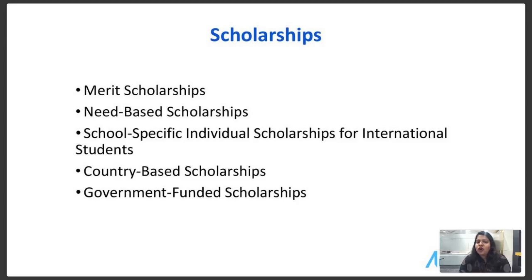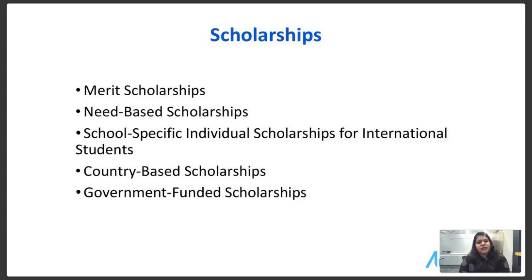This merit-based scholarship is an overall scholarship based on your overall profile, starting from your bachelor's, then your scores, your GRE, GMAT scores, your IELTS, TOEFL scores, your projects, your internships, your work experience, the kind of course that you are applying for. So these are the most popular and most available kind of scholarships in the US.